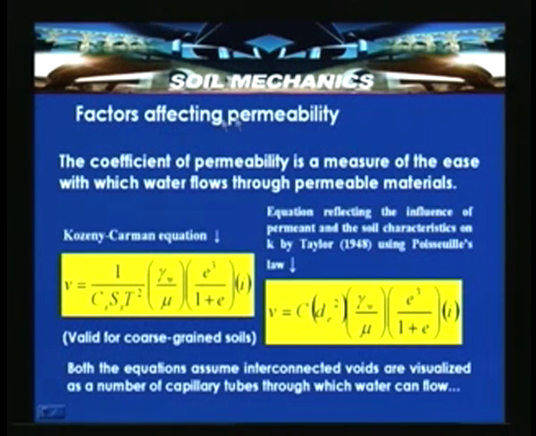the coefficient of permeability. These factors affecting the permeability can be understood with the help of two basic equations. They have been postulated by visualizing the interconnected voids as a number of capillary tubes through which the water can flow. All these interconnected flow channels are assumed as thin capillary tubes through which the flow is taking place.